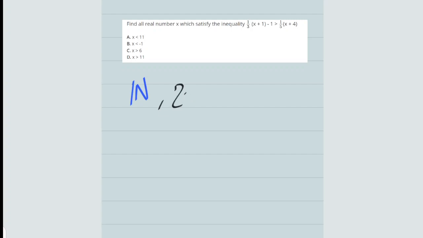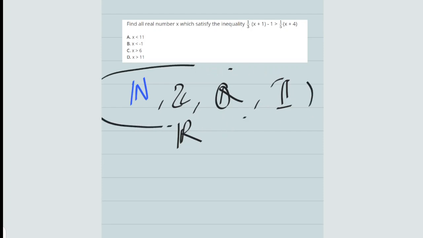You have rational numbers, you have irrational numbers. Then we have real numbers. Real numbers are the numbers that combine all these together. Although there is another set of numbers higher than real numbers, which is complex numbers. We are not going there.